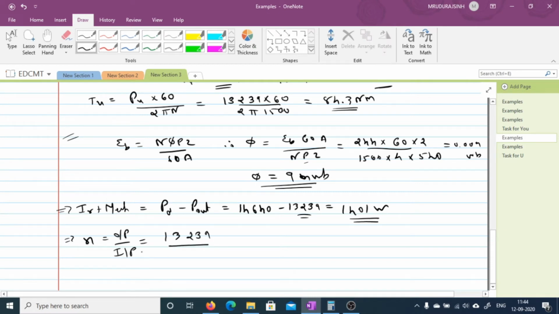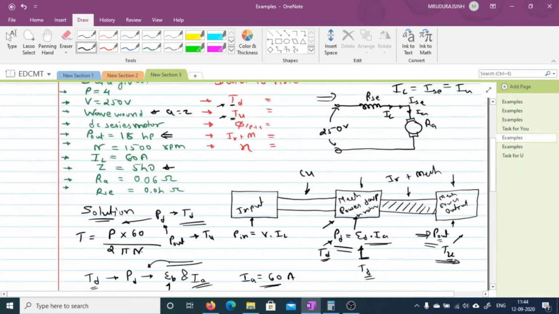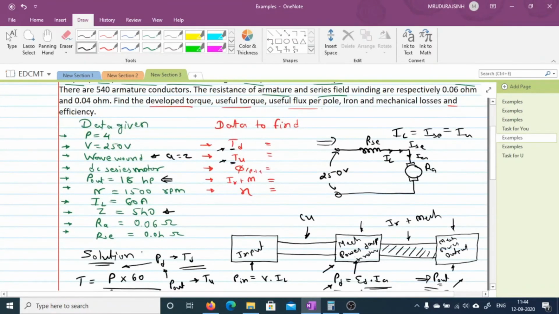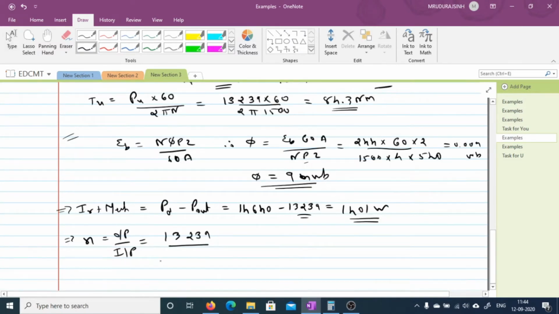What is input power? Input power is not given to us, but this is the supply voltage, 250 volt, and load current is 60 ampere. So input power is the supply voltage multiplied by IL.